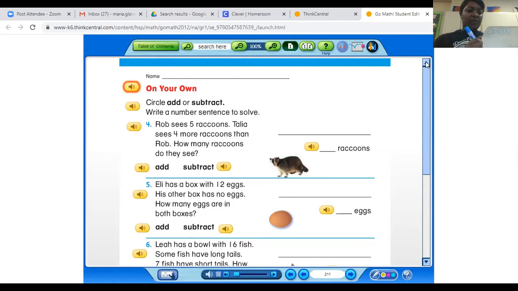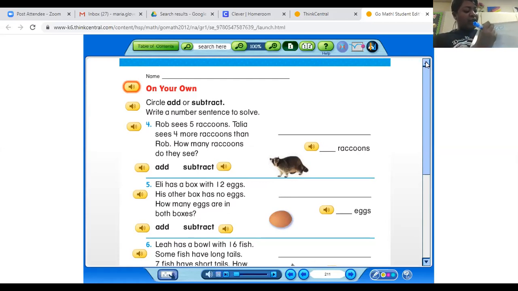So we know that she sees 4 more. So what is 4 more than 5? If I add 4 to this, 1, 2, 3, 4. If I add 4, 1, 2, 3, 4, 5, 6, 7, 8, 9. So that means that Talia saw 9 raccoons.